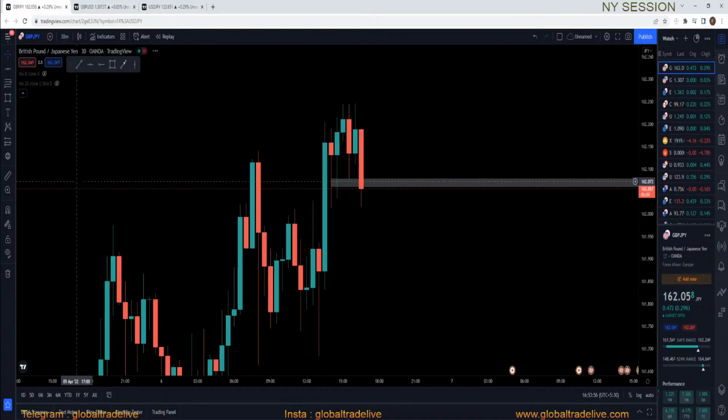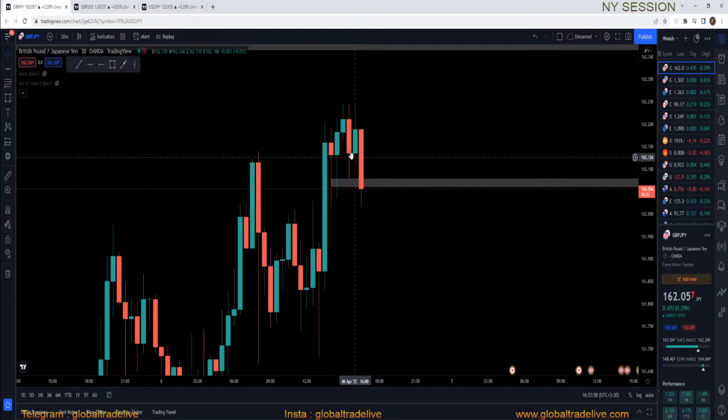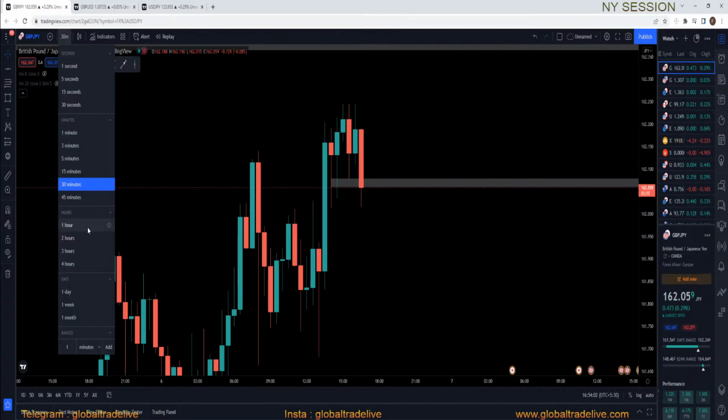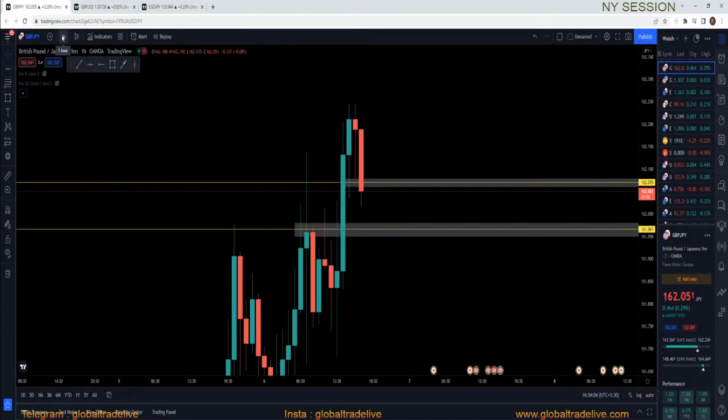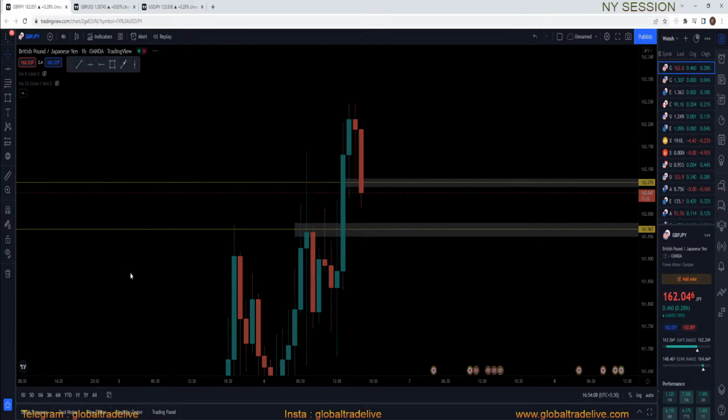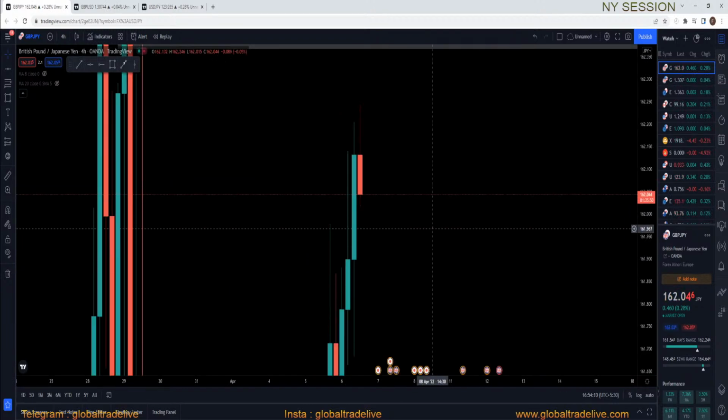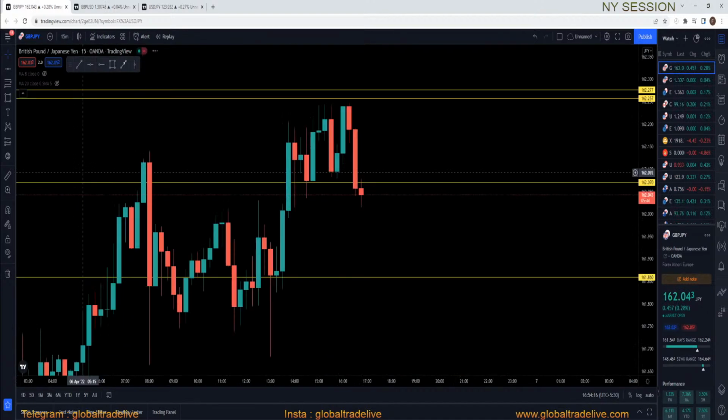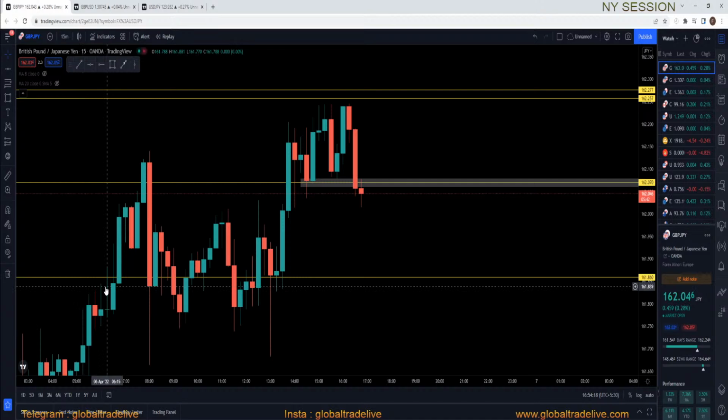Let's have a look on the bigger time frames. So we are expecting the market to move down and then move up. I don't think so. Nope. Let's see.